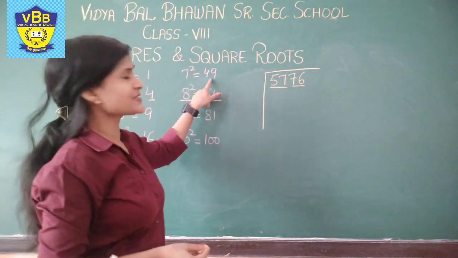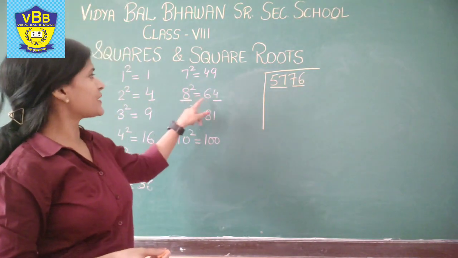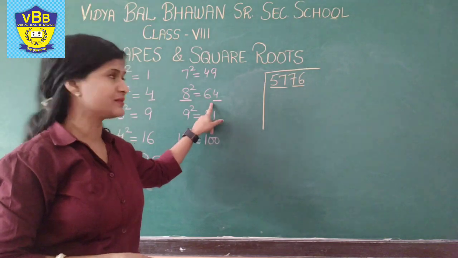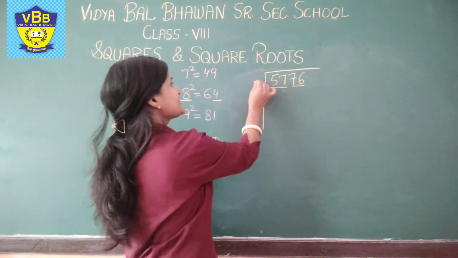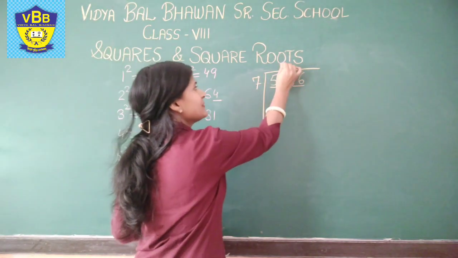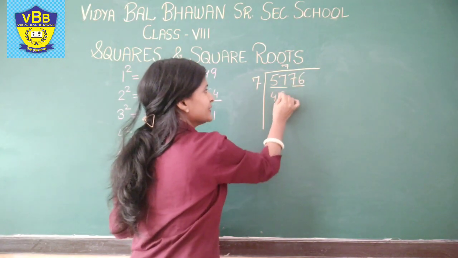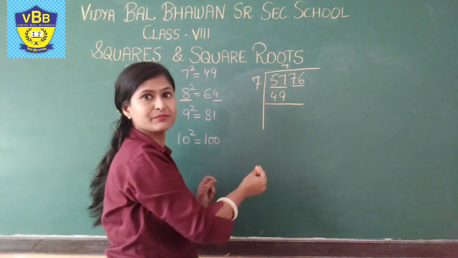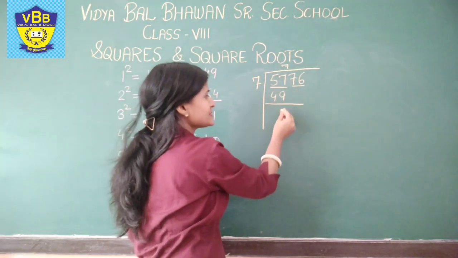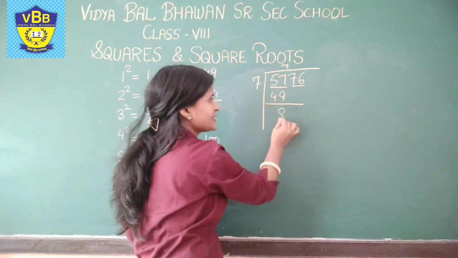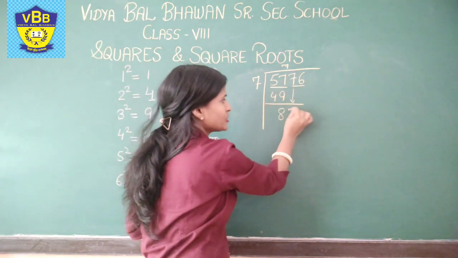Then 7 square is 49, 8 square is 64, which is greater than 57. So we select only 7 sevens are 49 here. Then do the subtraction part: 57 minus 49 is 8, and the next pair should be copied down.